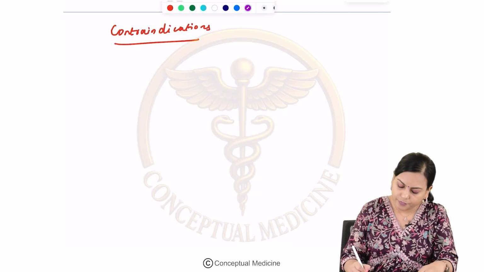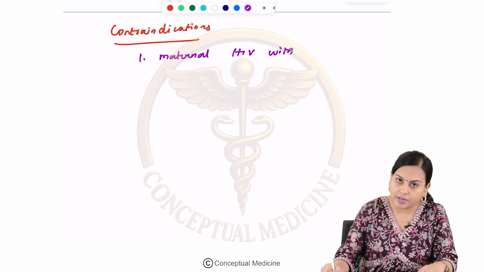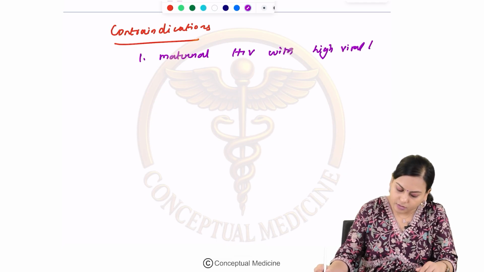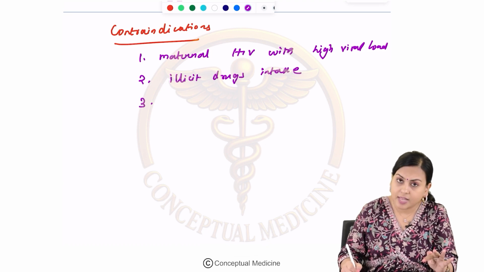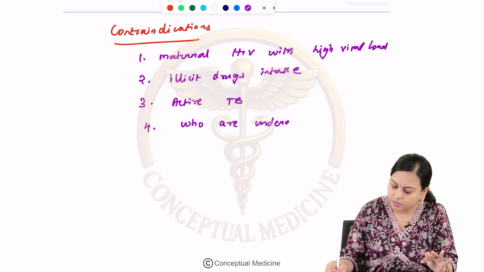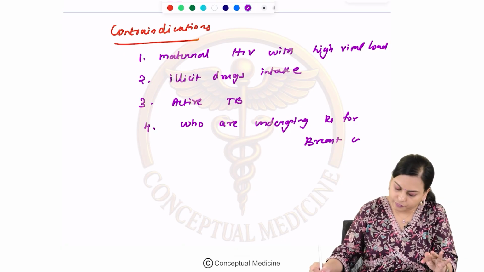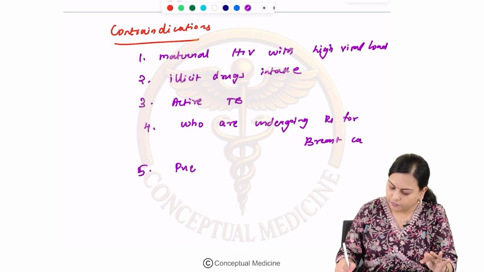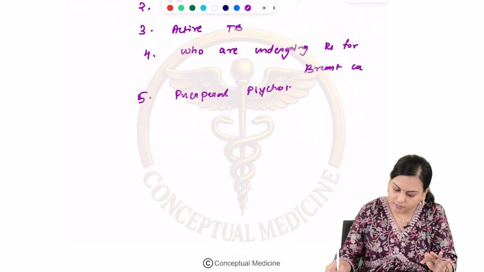Contraindications of breastfeeding include when there is maternal HIV with high viral load, or mothers who are on illicit drugs, or mothers having active tuberculosis, and who are undergoing treatment for breast carcinoma, and when there is some psychiatric complications like puerperal psychosis.